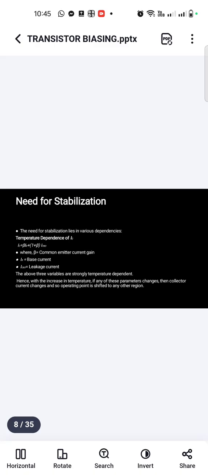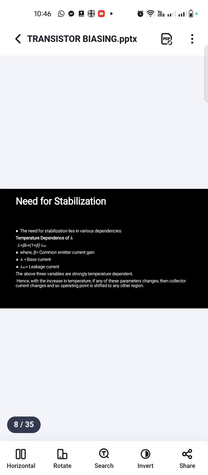This is the standard equation normally used in derivations. The above three variables are strongly temperature dependent. Hence, with the increase in temperature, if any of these parameters changes, then the collector current also changes. So the operating point is shifted to another region. It may be the cutoff region or saturation region. It is not in the active region.